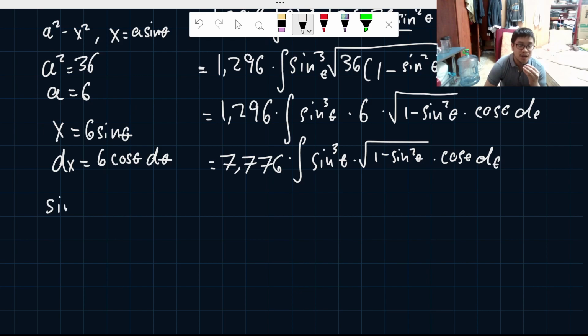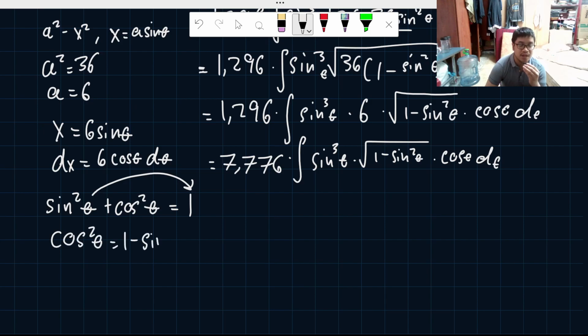According to one of the Pythagorean identities in trigonometry, sine squared theta plus cosine squared theta is equal to 1. If I transpose sine squared theta to the right, we have cosine squared theta equal to 1 minus sine squared theta.